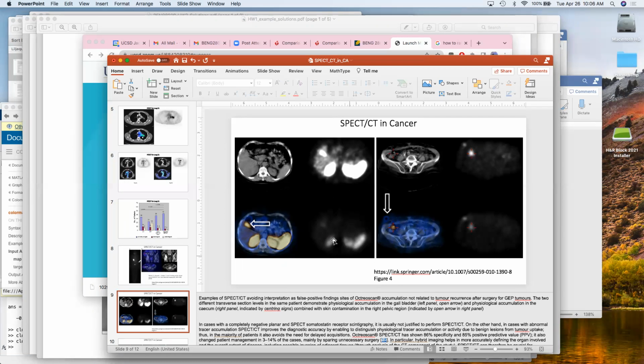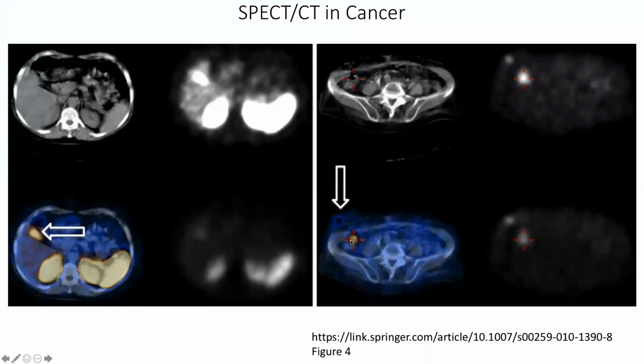So this is in the gallbladder, right? And kind of skin contamination in the right pelvic region. So this is a skin contamination here, right? So basically, the CT is being used to rule out these bright lesions as recurrent tumor by mapping them to the physiology.